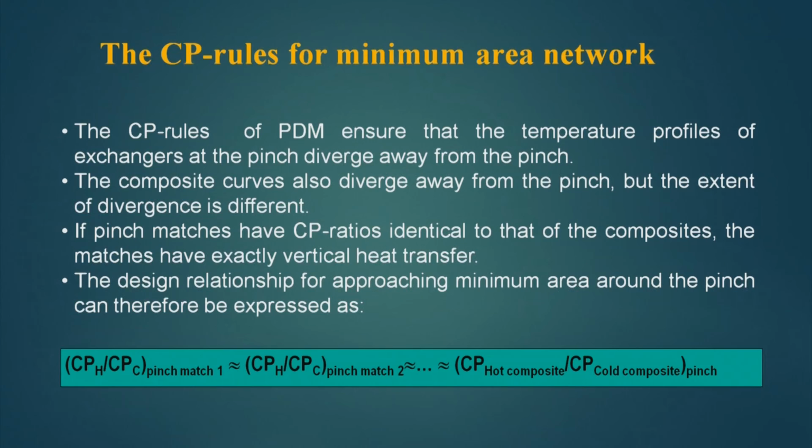So, the design relationship for approaching minimum area around the pinch can therefore be expressed as CPh by CPc for match 1 should be equal to CPh by CPc of match 2 and so on for match 3, match 4, match 5, match 6, and they all should be almost equal to CPh hot composite by CPc cold composite at pinch.